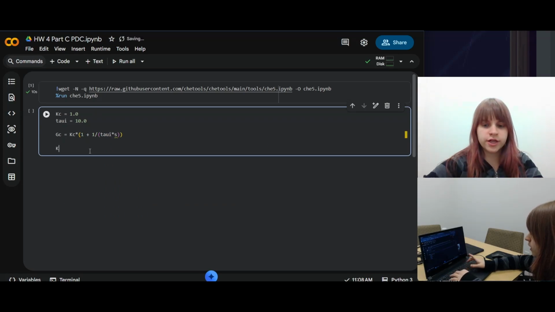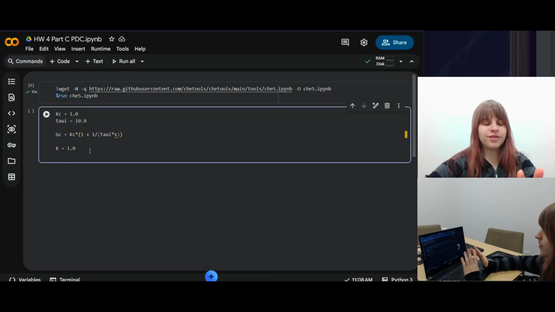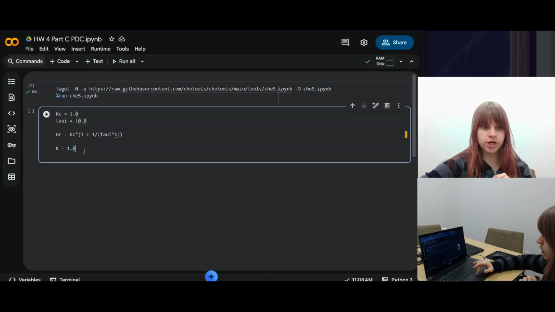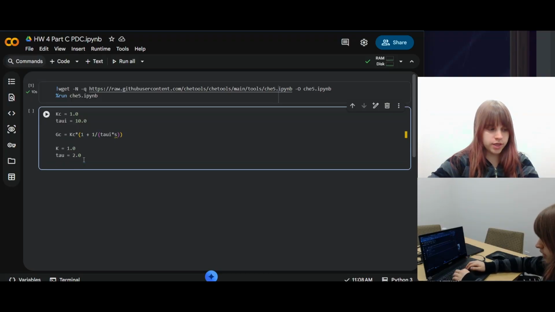And our controller gain is 1. The above, our KC was 1, that was our controller gain. This right here, K, is the process gain. Our tau is 2, and our theta, or our dead time, is 10.5 seconds.